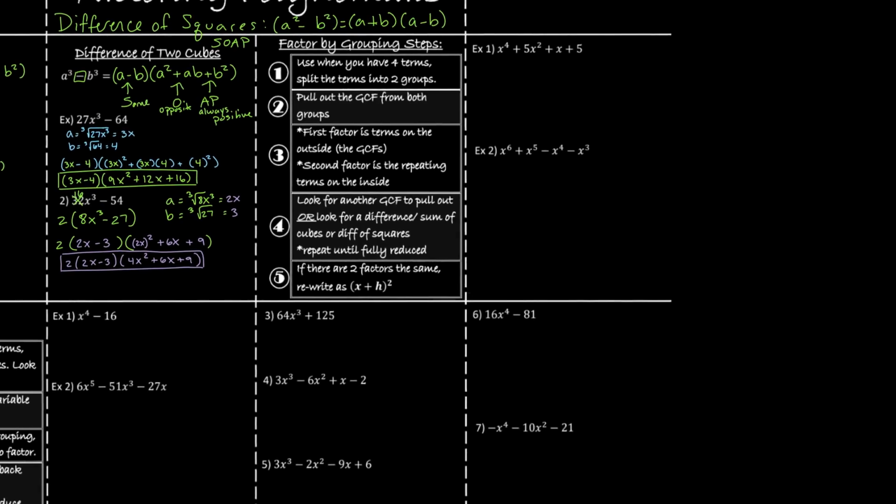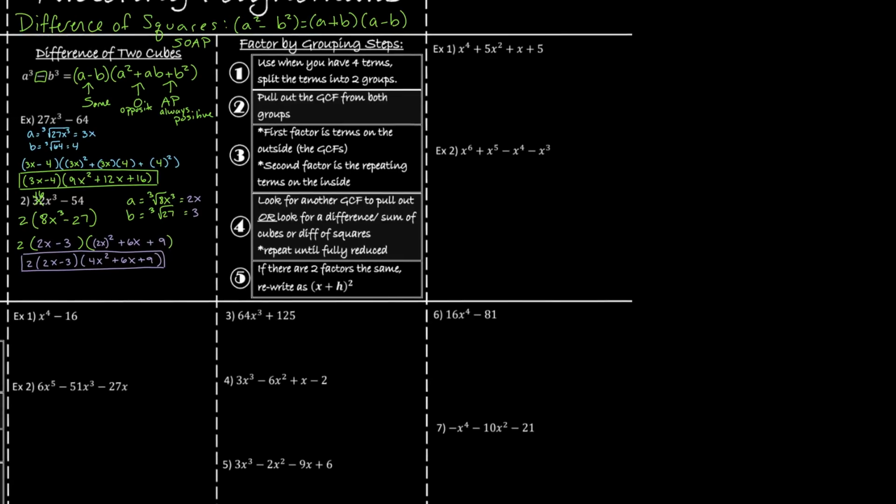Okay, so now on to the next way to factor. That was just one way to factor a polynomial. If you have two perfect cubes, you're going to use sum or difference of cubes.